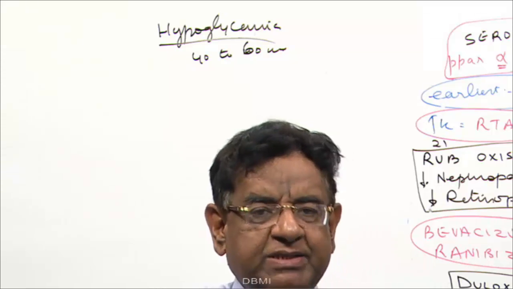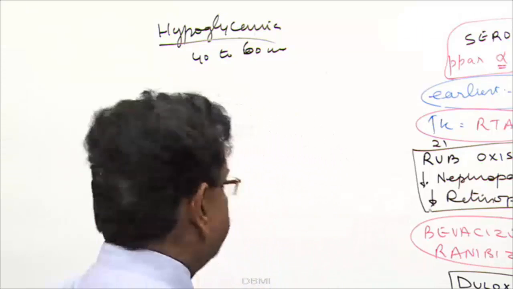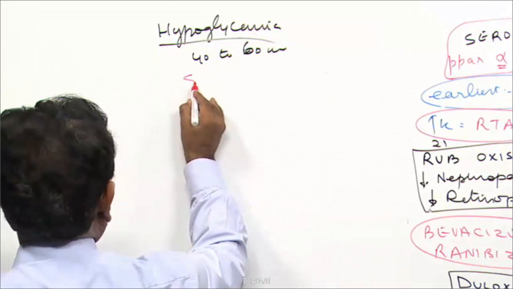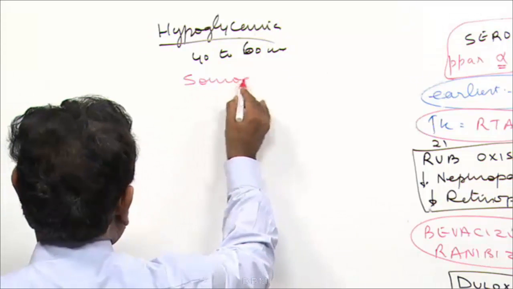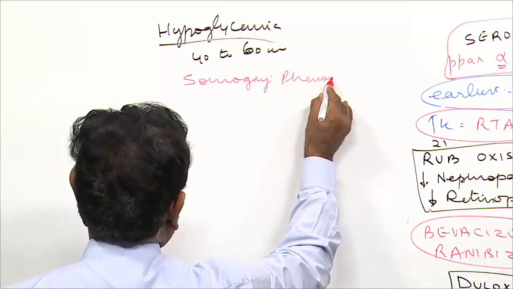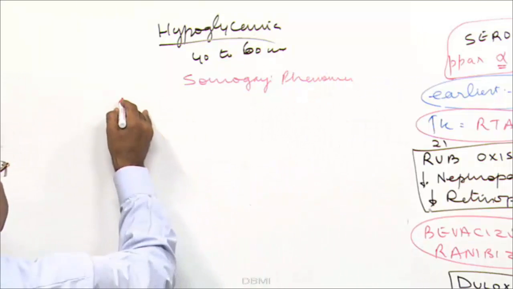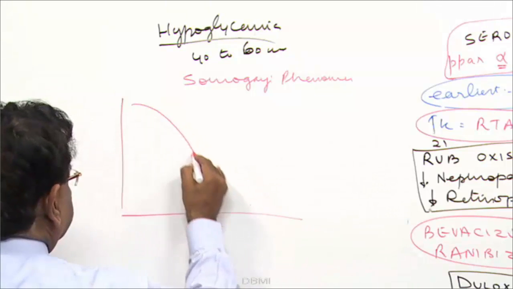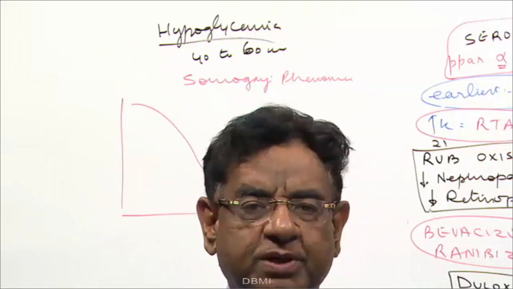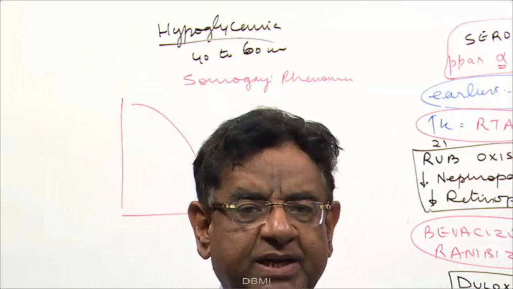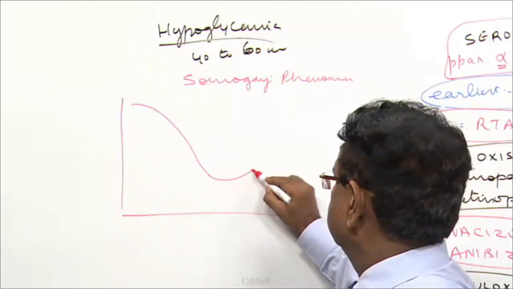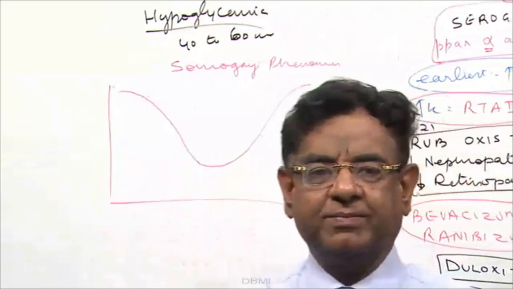Okay. Now let's discuss Somogyi phenomenon based on hypoglycemia. So when sugar goes down, maybe about midnight, 2-3 a.m., the body secretes certain counter-regulatory hormones and they bring the sugar to the normal level.